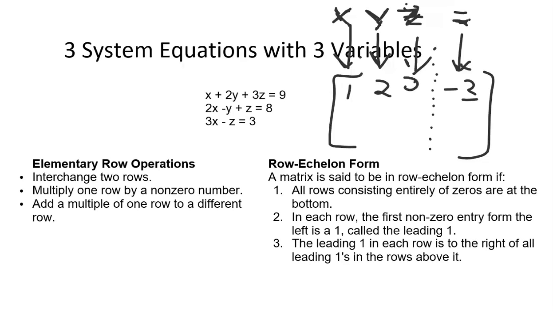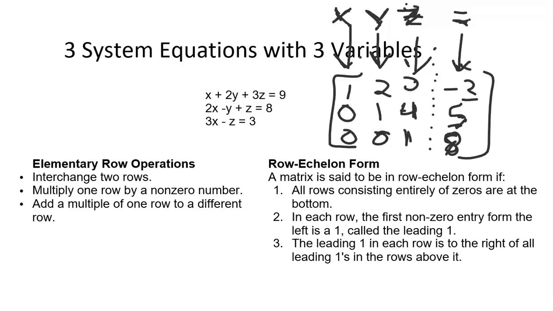Each row, the first non-zero entry from the left is a 1, and it's called the leading 1, and the leading 1 in each row is to the right of all leading 1s in the row above it. So essentially what it's going to give us is, and now these other numbers are all arbitrary, but what I want you to focus on and what I want you to realize would be the location of the zeros and the 1s.